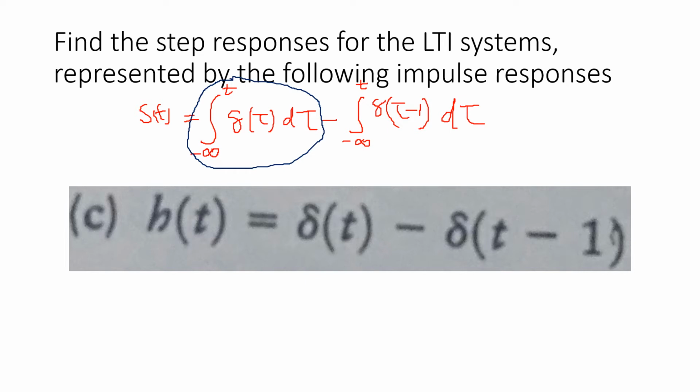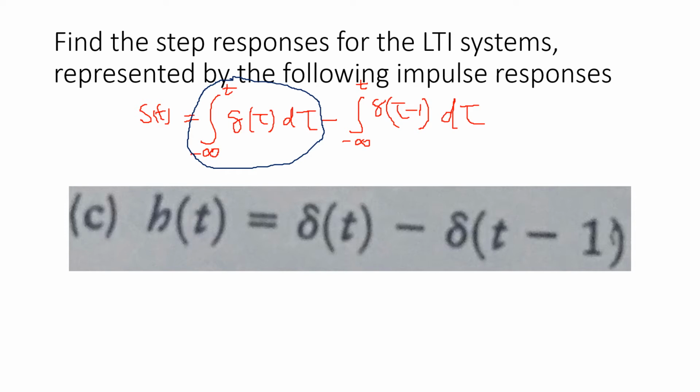Because in the starting lectures of signals and systems, we said the relationship between the step function and impulse is that if you integrate the impulse from minus infinity up to t, you get the step function, and similarly if you take the first derivative of the step function, you get the impulse.